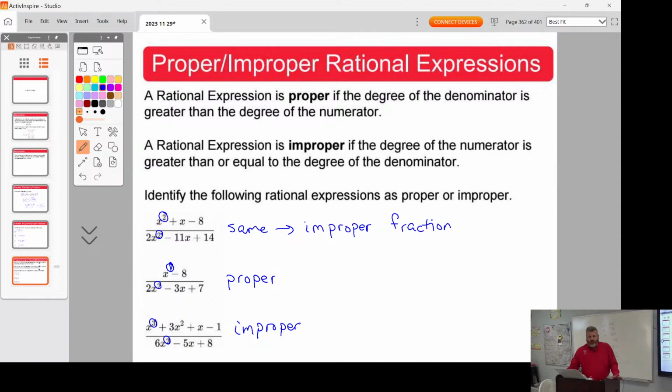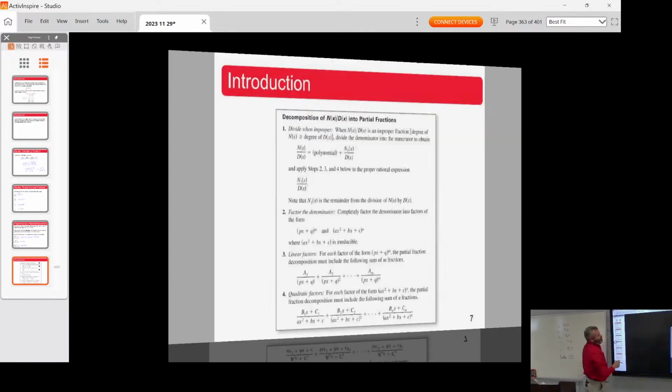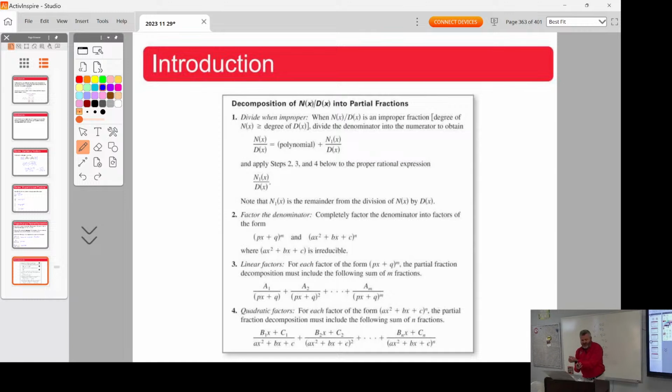All right. That's it for the review of stuff we've talked about in the past or prior years before me. Here are the steps for decomposing a rational expression into partial fractions.